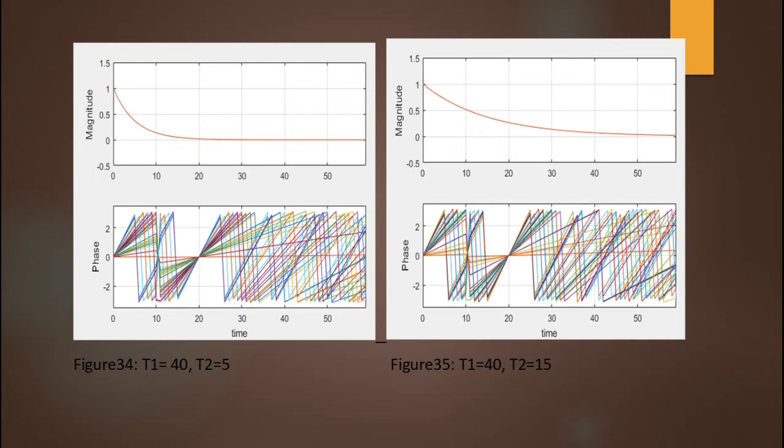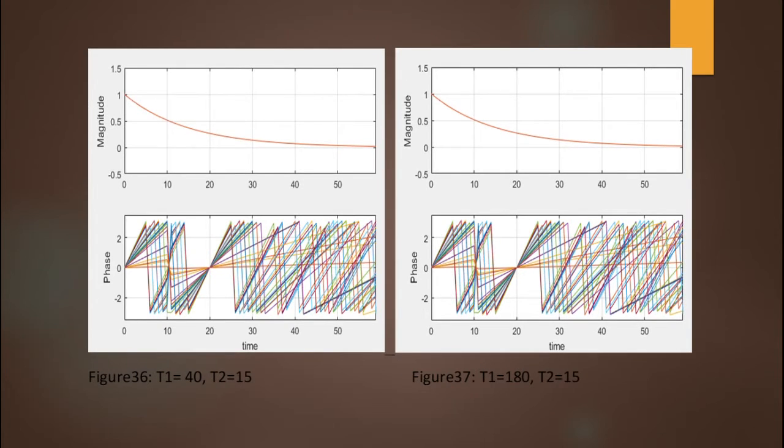We can understand this from the first one and the second one. The first one can reach steady state early. When T1 is increased, the magnitude isn't affected by this change because the magnitude doesn't depend on T1.